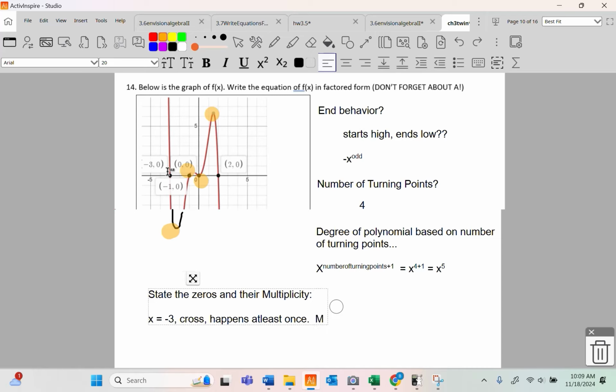So you'd probably see m equals 1, m for multiplicity. There's 1 at -1. It is also crossing, so the multiplicity is 1. There's 1 right here where x is 0, and it's a touch, so the multiplicity is 2 because touches are even. And there's another one at x equals 2, and it's crossing, so m is 1. Now, if you do 1 plus 1 plus 2 plus 1, you get 5. These should reinforce each other.